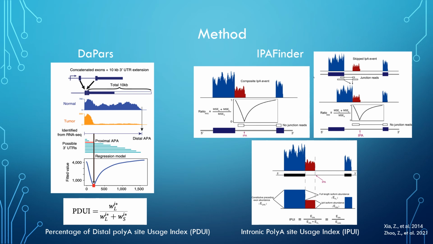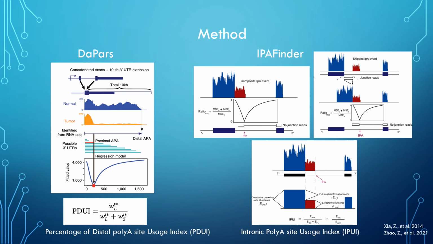Here we used a method called DaPars to examine the dynamic APA events and used the IPAFinder method for detecting the IPA events. The advantage of these two methods is that they can use standard bulk RNA-seq data to identify poly-A sites without an annotation reference. These two methods model the RNA-seq coverage and infer poly-A sites by identifying where the read coverage suddenly drops.